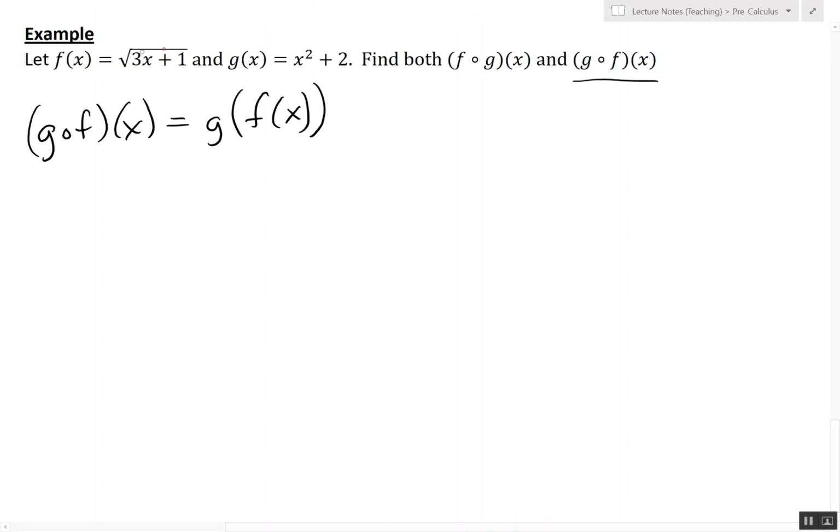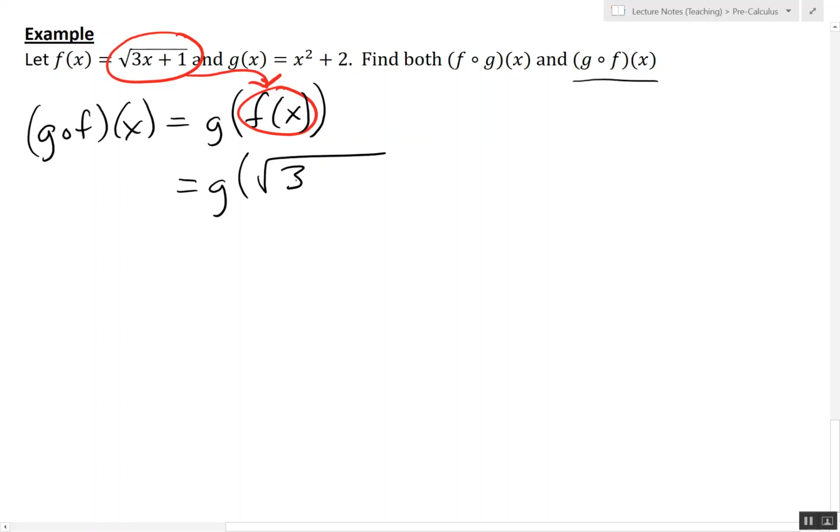Now f of x is in the middle, so we're going to take this expression and plug it in for f of x. And so we are going to get that g is going to get evaluated at the square root of 3x plus 1.